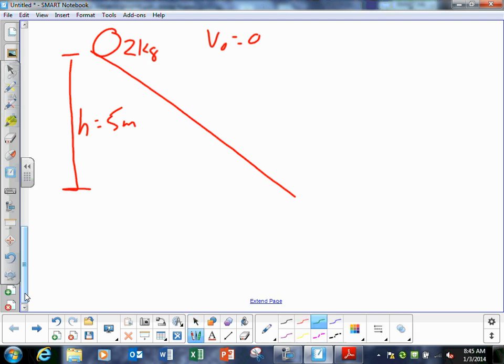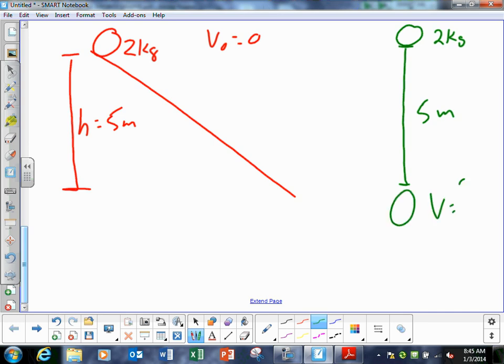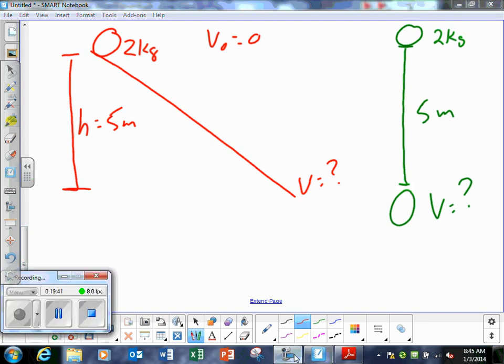And let's say over here I've got the same thing, a 2 kilogram ball, and it's going to go through a height change of 5 meters. My question is, what's the velocity here for that ball, and what's the velocity here for that ball? Any ideas? Okay, let me ask you this. Is the red one going to be less than, equal to, or more than the green one?